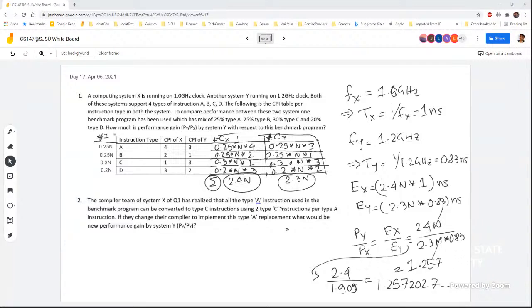No, I have 2.4 divided by 2.3 times 0.8333 repeating. Oh, okay. So I did round that part. 1 by 1.2 gigahertz comes to about 0.83333 recurring, so I just took 0.83.